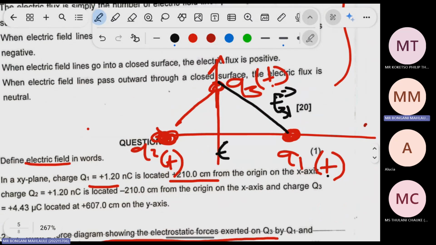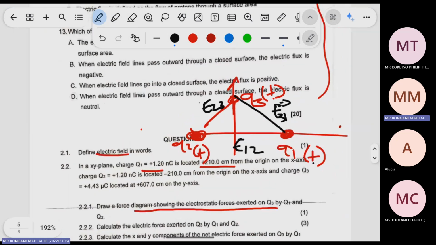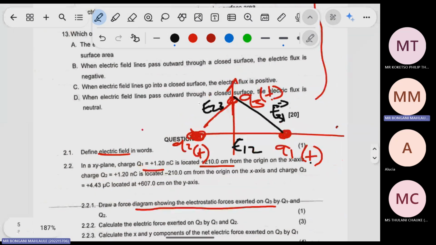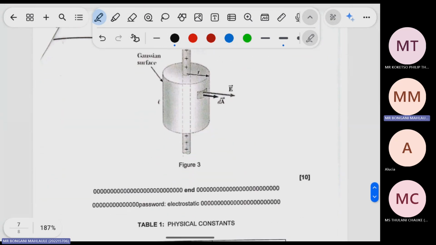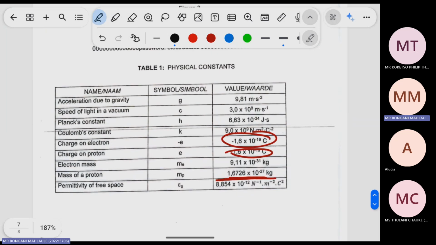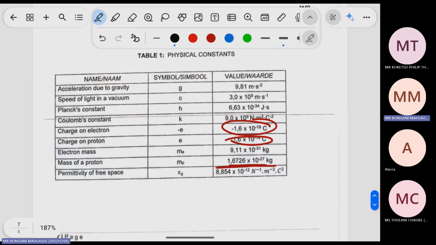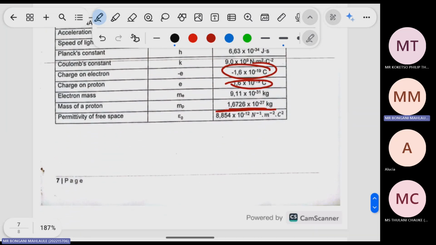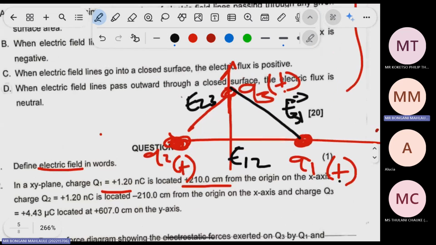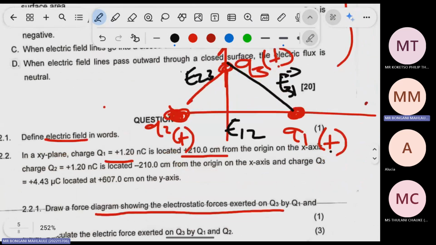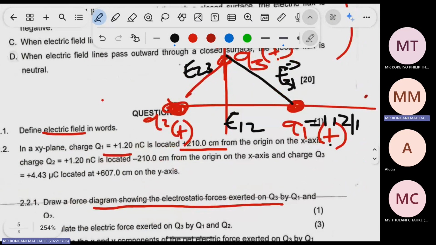And here we'll have another one, E12, E23. We know that the charge here is 1.21 nanocoulomb.